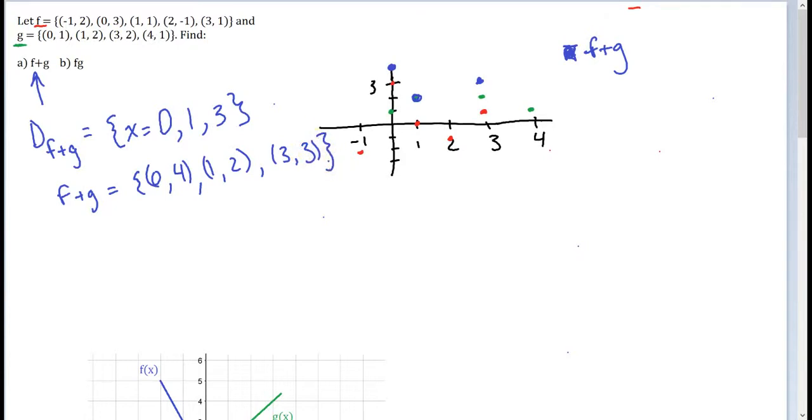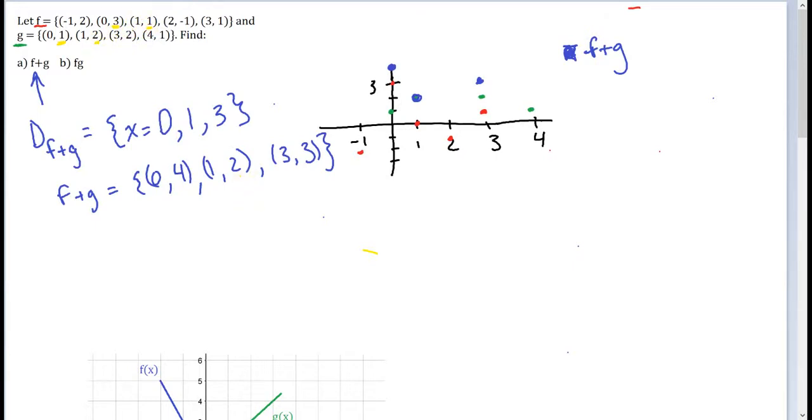This should be the exact same as what I would get if I looked at the function and just added these y values. For the zeros, 3 plus 1 is 4, and for the ones, 1 plus 2 is 3.